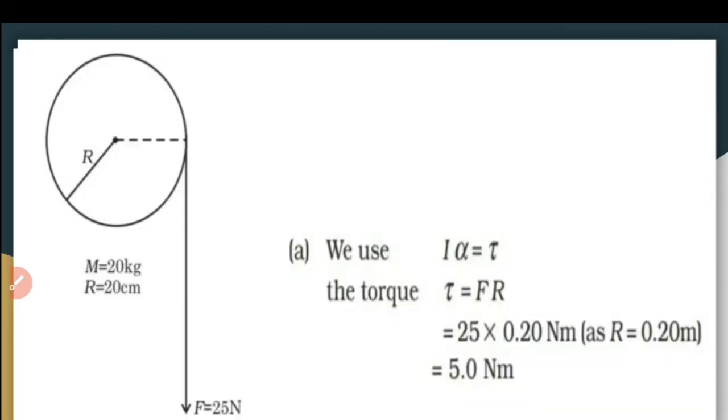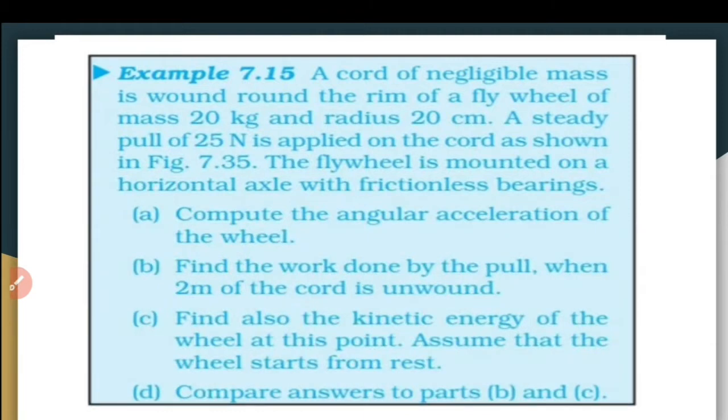So the diagram referred is this. You can imagine, as it is given, you have a flywheel and the cord is wound round the wheel, and the mass and radius of the flywheel are given. The flywheel has 20 kg mass and radius 20 centimeters, which is 0.2 meter.